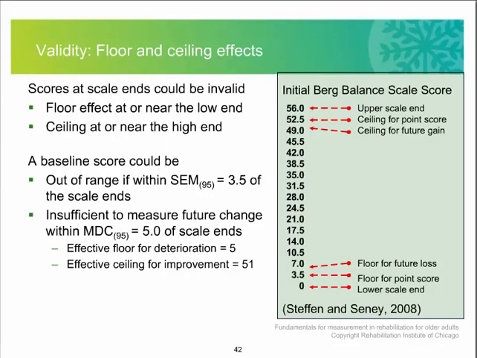So the floor for measuring future loss is also about 5 points, and the ceiling for measuring future gain is about 51 points. Consequently, you will not be able to measure improvements in balance from a score higher than 51, or measure deterioration in balance from a score of 5 points or lower on the Berg Balance Scale.